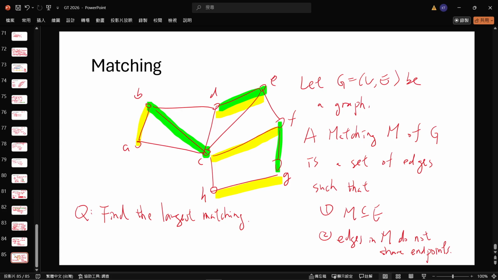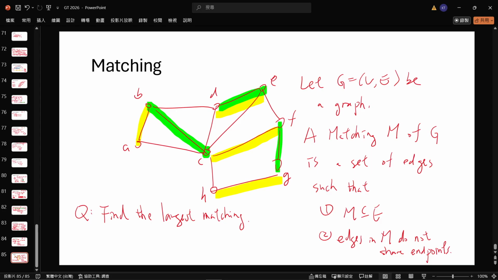So this matching has 4 edges. So we can ask the same question again. Is it possible to find a larger matching? Now we have 4. Is it possible to have 5? No, so why? All right, okay, so if there's only 8 vertices, then you can have at most 4 edges in the matching.